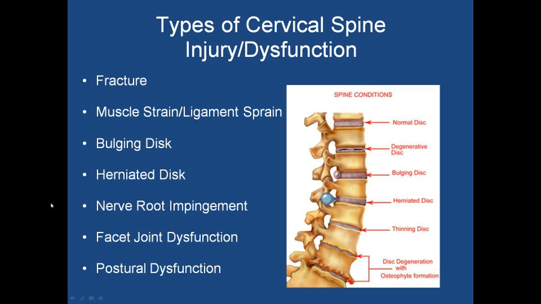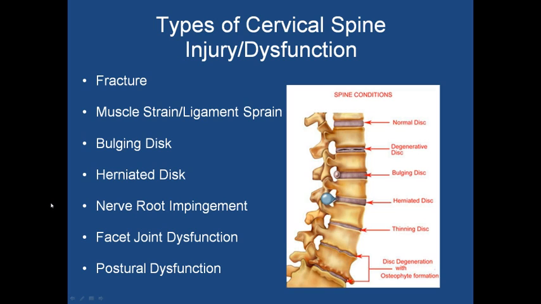Facet joint dysfunction, as we said, those are the two sliding joints that you see on the picture here, where you can see those in between the vertebrae, towards the left on the screen. You see that connection of the vertebrae, the top vertebrae and the one underneath it. That's the facet joint, and they slide open and closed during flexion and extension, as well as side bending and rotating.